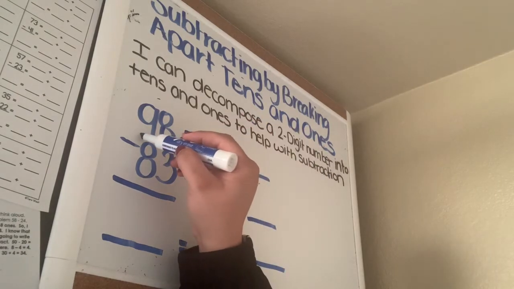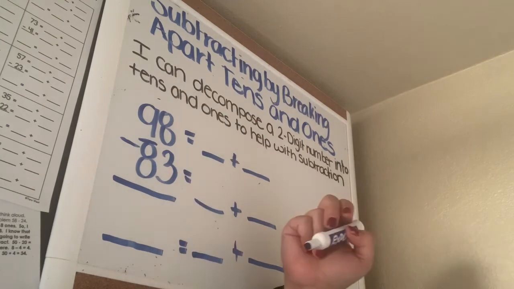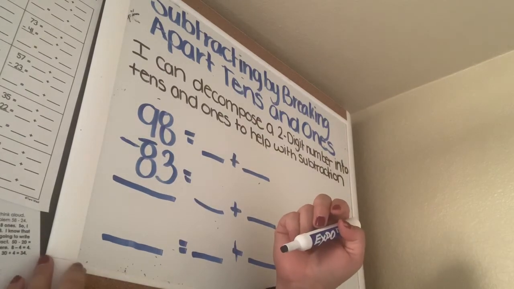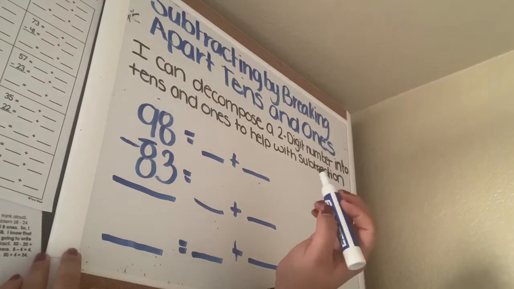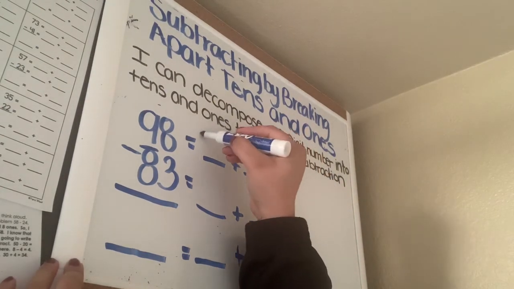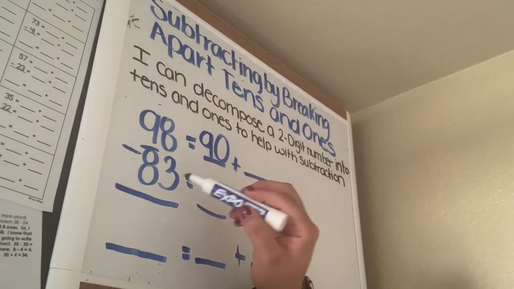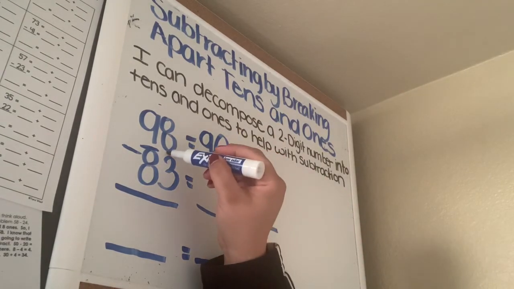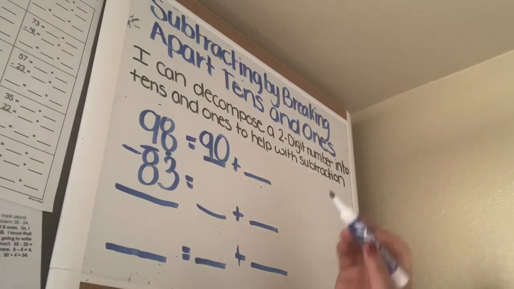So let's look at our first number. How many tens are in the number 98? 9. And what's the value of 9 tens? 90. Good job. Now, how many ones do we have in the number 98? 8. Good job.